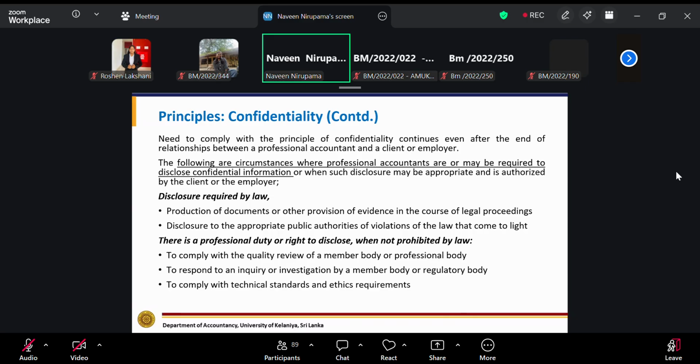Disclosure may also be made to a member body or professional body to respond to an inquiry or investigation by a member body. To comply with such situations, they should disclose the required confidential information.